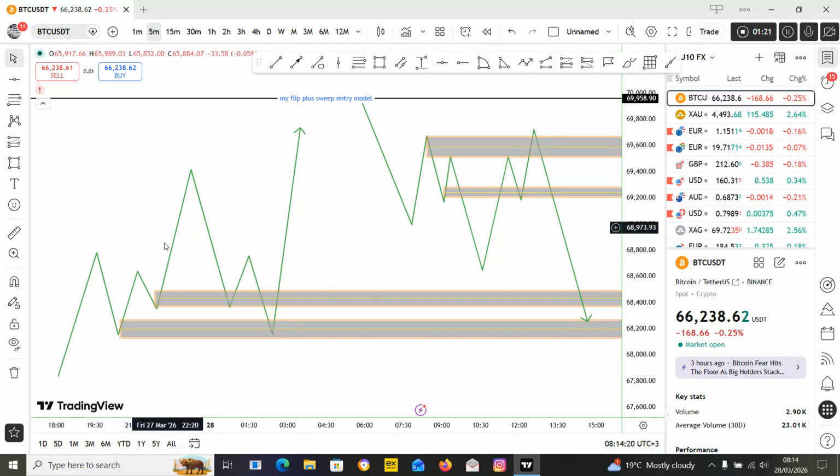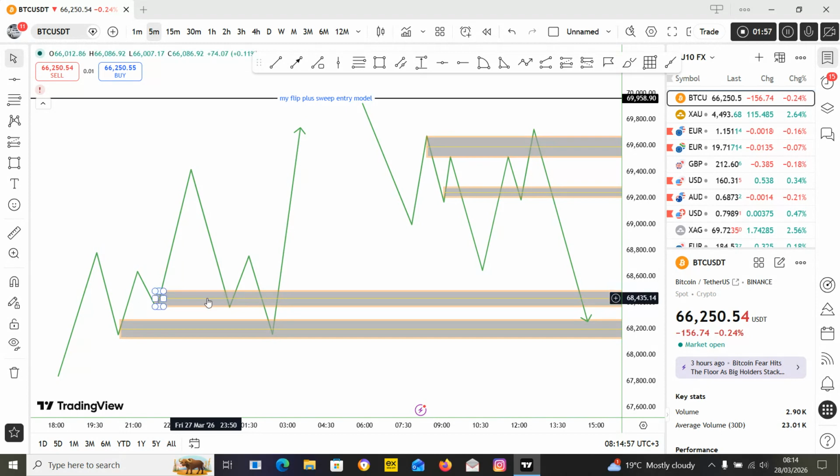Firstly, let's talk about the higher time frame. One, you're gonna ask yourself, is price bullish or bearish? Then number two, after confirming the trend or the market direction, determine whether the price is in a continuation phase or a pullback phase.